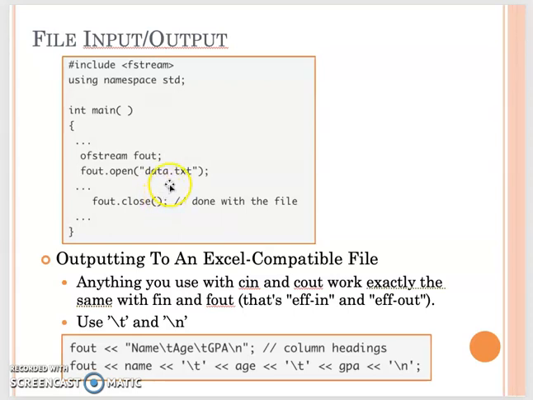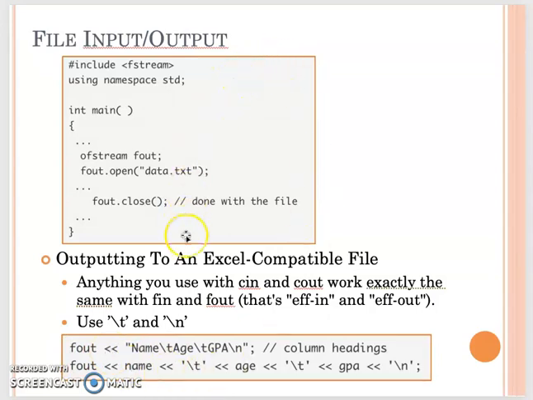When you write to the file, the ofstream object you create is just similar to cout, because fstream actually inherits from the iostream. So that's why when you want to write, you just use fout, then insert what you want to write to the fout. So then they will write into the text file.